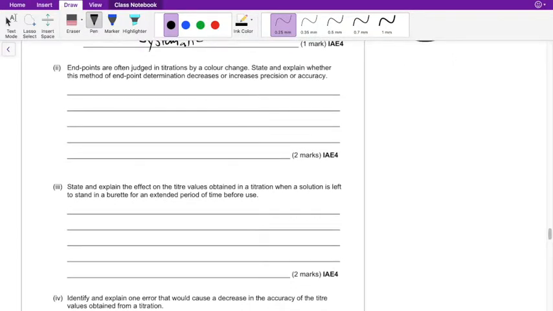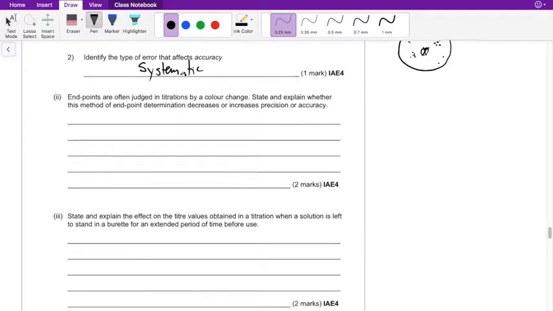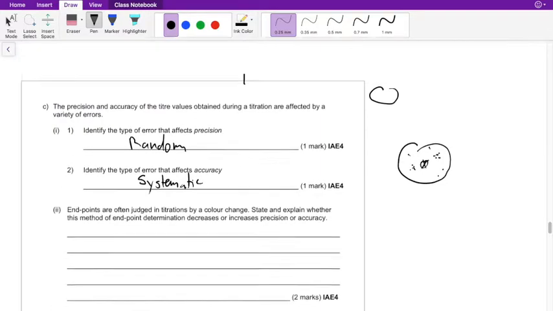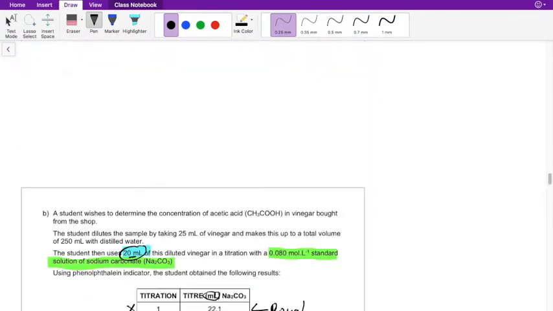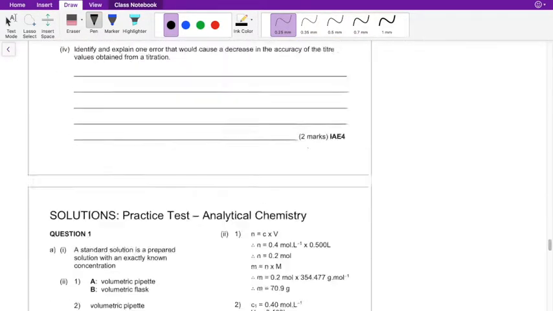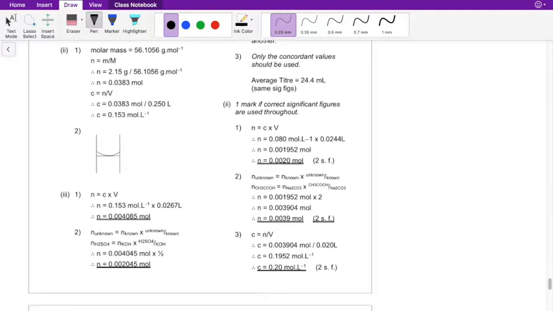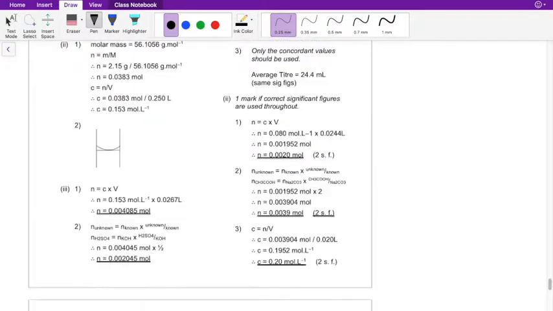Endpoints are often judged in titrations by a colour change. State and explain whether this method of endpoint determination decreases or increases precision or accuracy. The method being observing a colour change. I might just see if there's any information I'm missing. Okay, yeah, sweet.